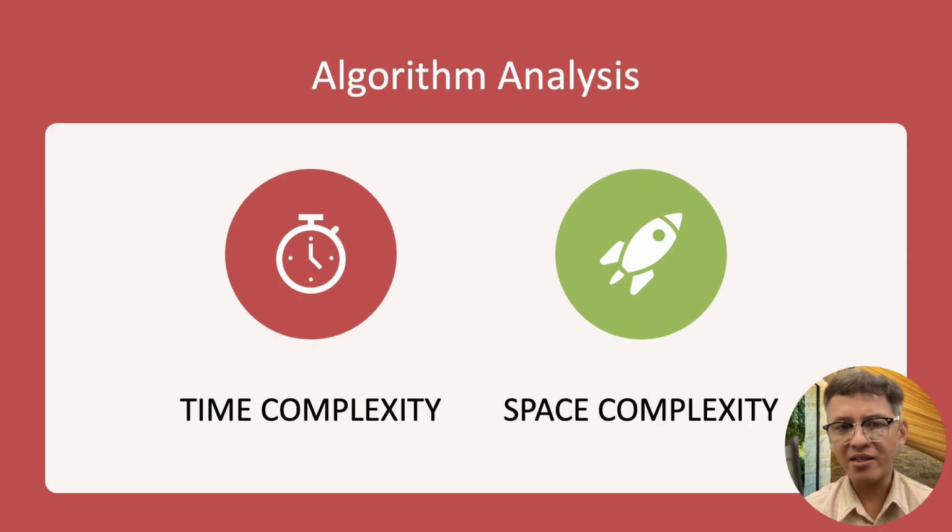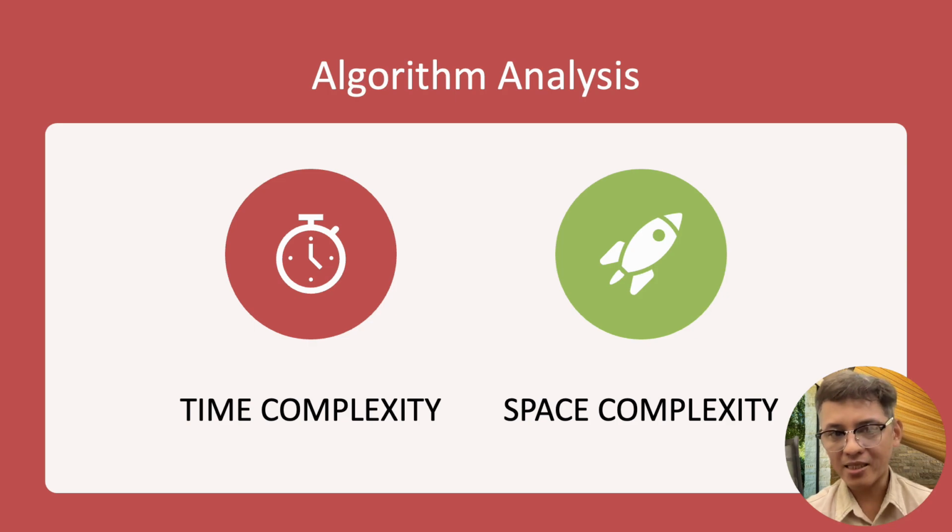Space complexity refers to how much memory the algorithm uses while running. A sorting algorithm that needs to create new arrays to work might consume more memory than one that sorts in place. Analyzing these two factors helps us determine if an algorithm is practical and scalable.